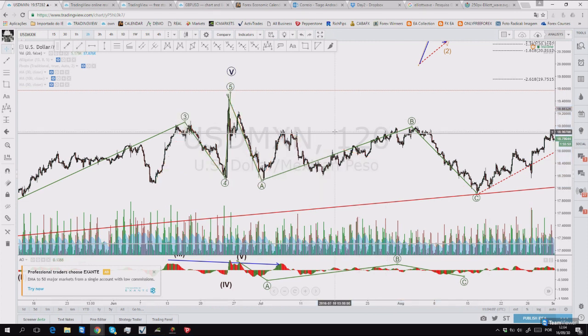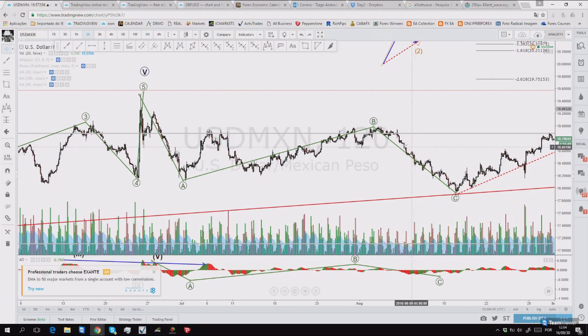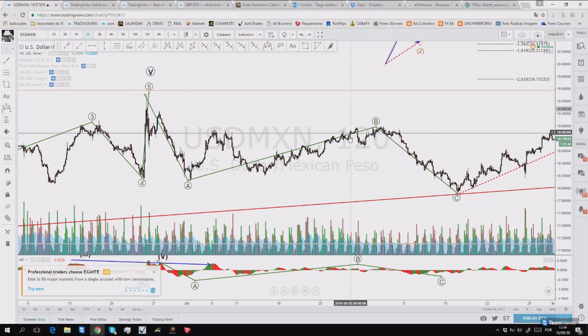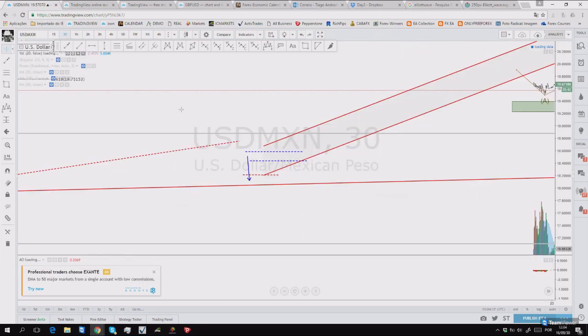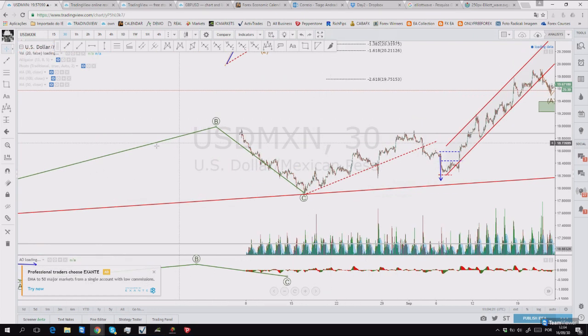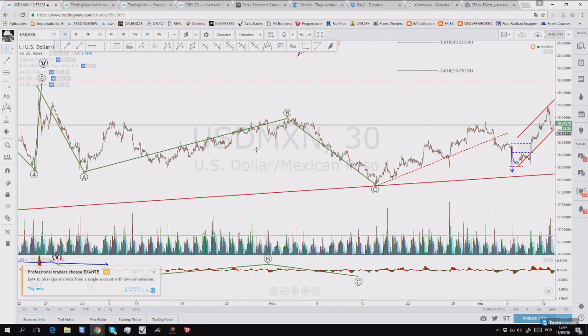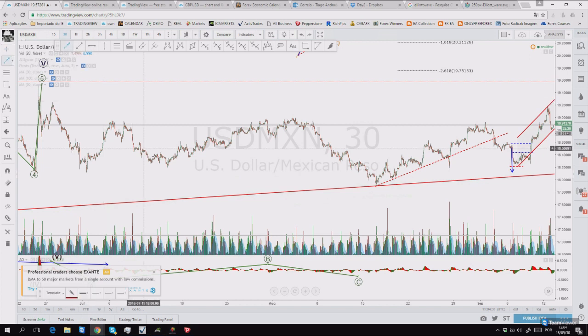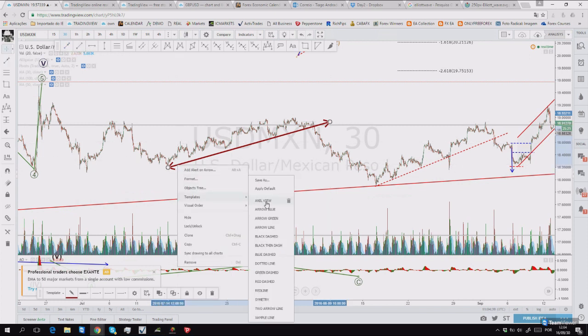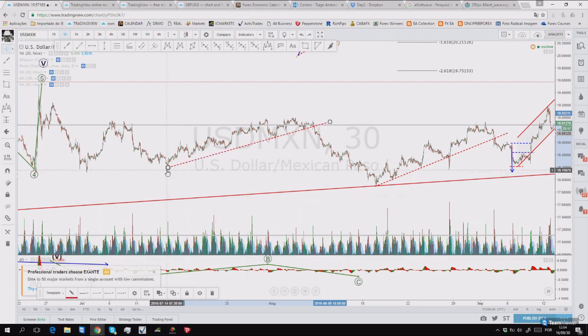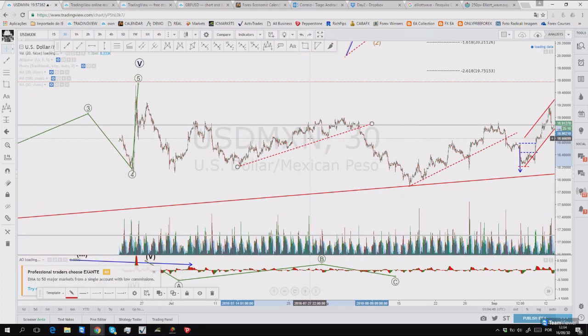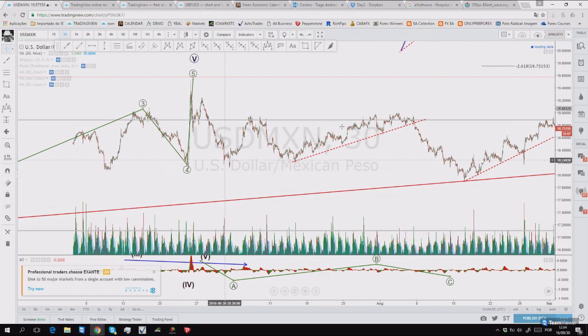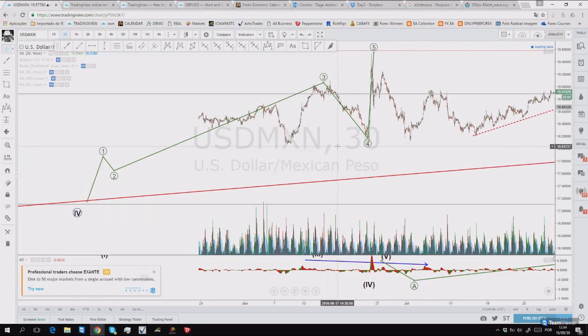So the only way I trade this, I'm going to try and show you, is probably on a lower time frame. Okay, let's see. How is this? This doesn't. This is the double top there.